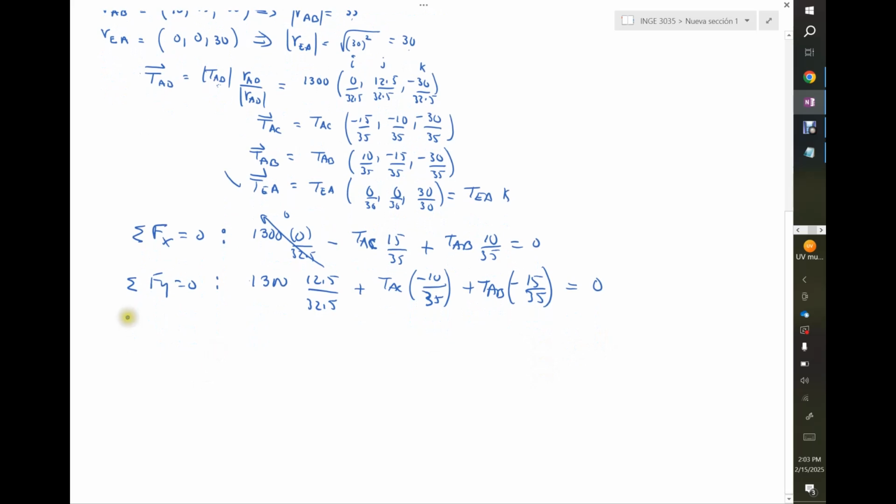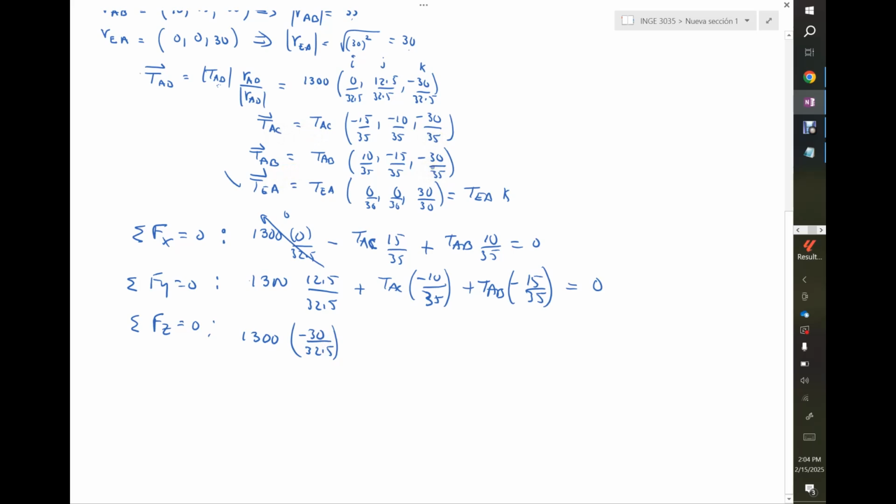How about on the K position? Equals 0. On the K, we have this. We have a number there, 1300 times minus 30 over 32.5, and that's the AD. And how about TAB?